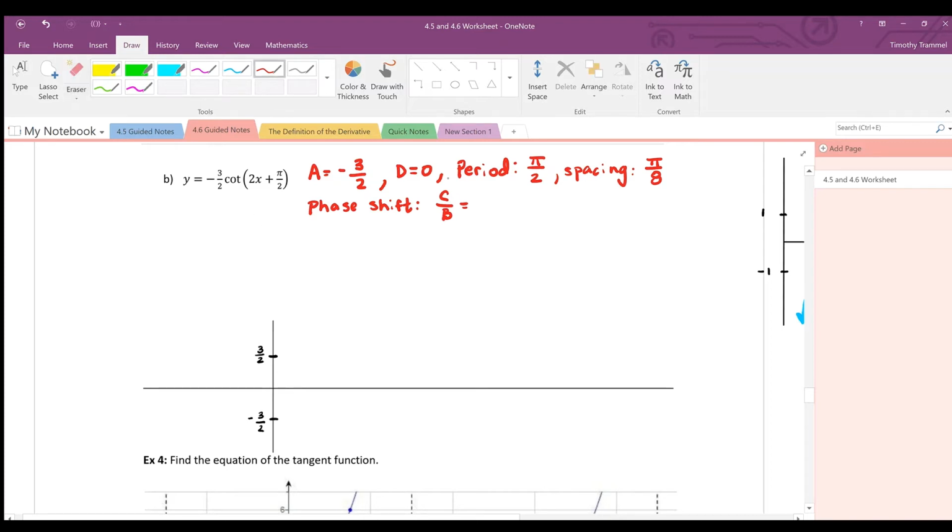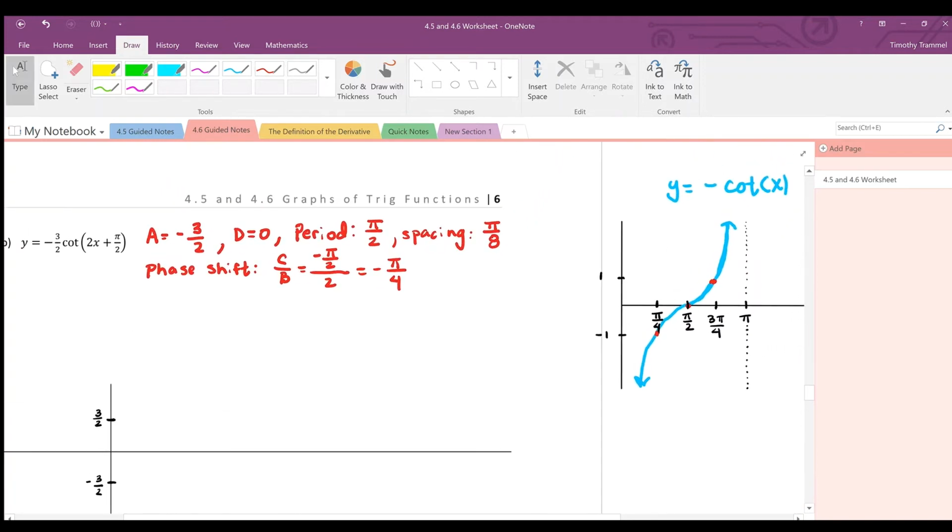So minus pi over 2, and then all over B, which is 2. So this is minus pi over 4. All right, and what this means is that the vertical asymptote that we have here at x equals 0 is now at minus pi over 4.